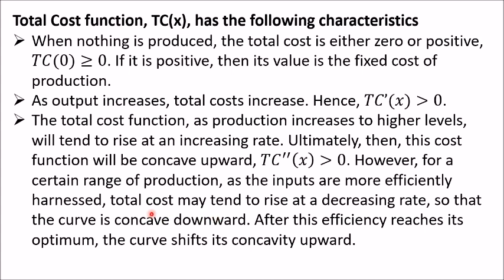Kapag downward siya, in this case, magiging maximum yung point doon sa taas niya. After this efficiency reaches its optimum, the curve shifts its concavity upward. So, malalaman natin mamaya kung ano-ano ba yung mga functions na pwede as a total cost function. Kasi meron din namang hindi pwede.